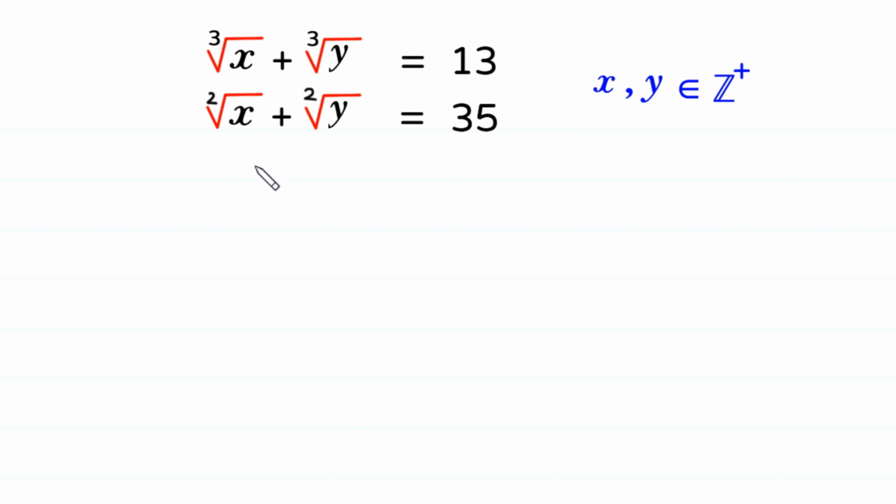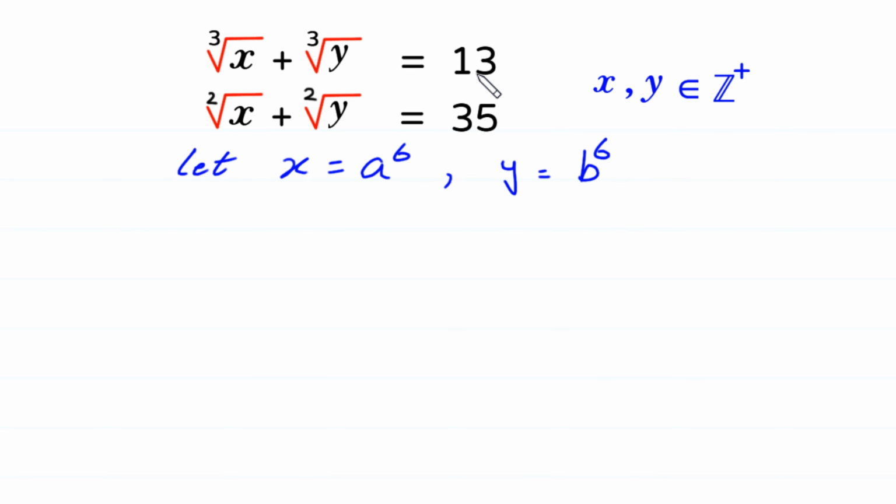So we suppose that x is equal to a to the power 6 and y is equal to b to the power 6. So we replace the x with a to the power 6 and we replace the y with b to the power 6.